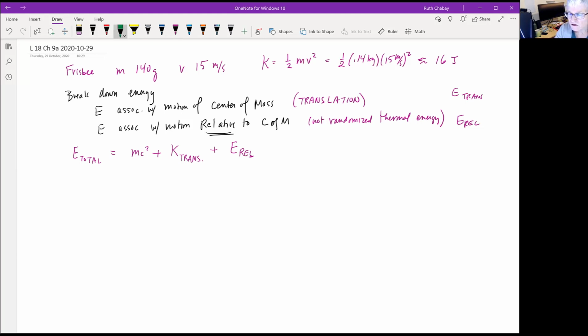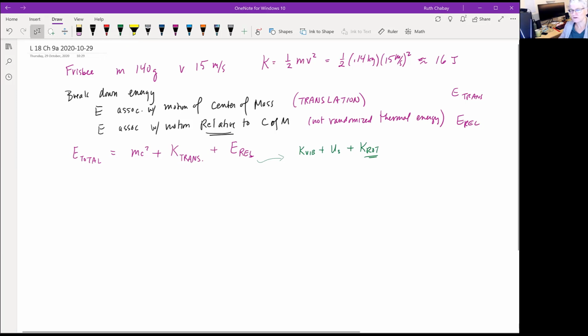And this is going to have various components. It would involve vibrations, so for vibrations we have the kinetic energy of vibration and the spring potential energy for vibrations. And then it's going to have the kinetic energy associated with rotations. So that's the goal of what we're going to be doing today.